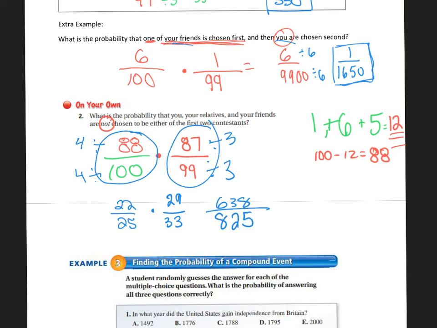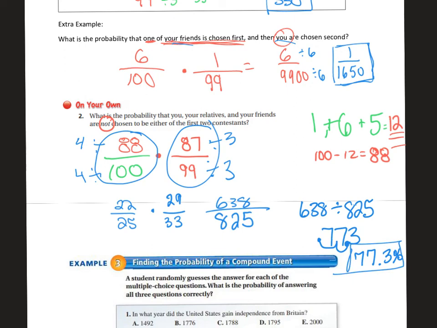And now if I just type that into my calculator, 638 divided by 825, you will get a decimal, which is 0.773. You know, from our decimals and percent units, we can move the decimal 2 places over or multiply by 100 to get that there is a 77.3% chance that you, your relatives, and your friends are not going to be chosen to be either one of the first 2 contestants.